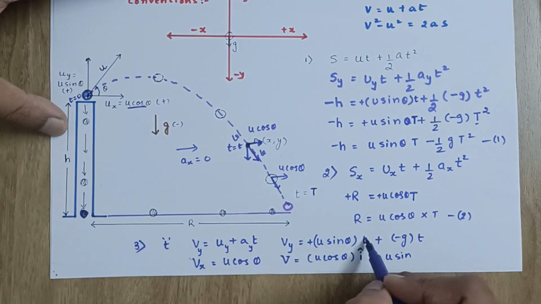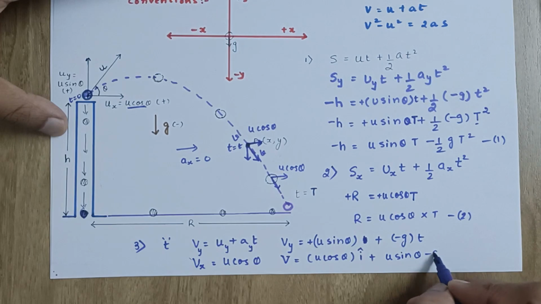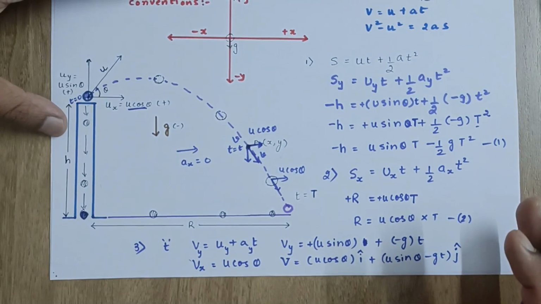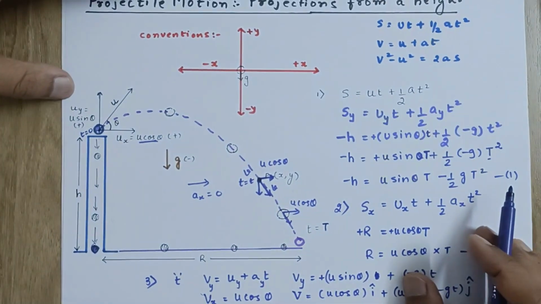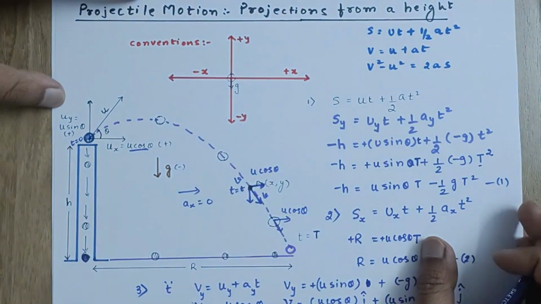I'm sorry, I made an error. This t should not be here, right? So that is u sin theta minus gt times j cap. So this is what is going to happen, right? This is a general formula, you can apply it anywhere, right? So these are our equations of motion for the projection from a height.